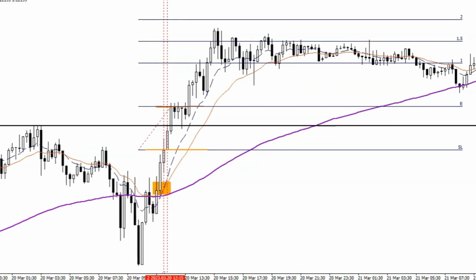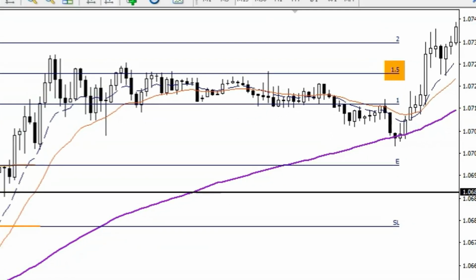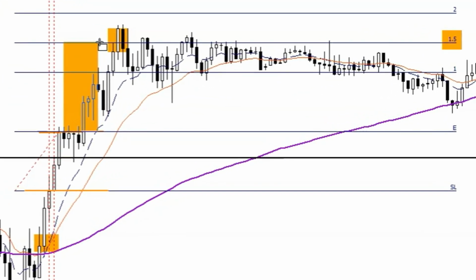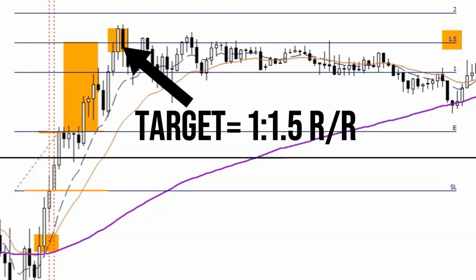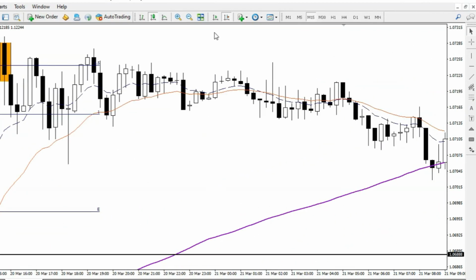And with a risk to reward of 1 to 1.5, exit the trade and pocket your profit. Now really focus on the next few examples to get a good grasp of this simple but effective strategy.